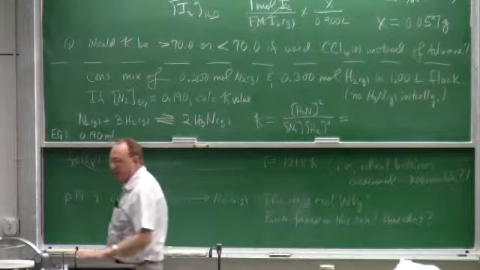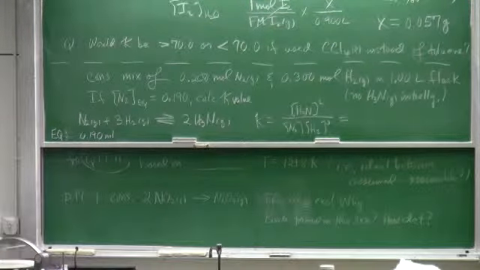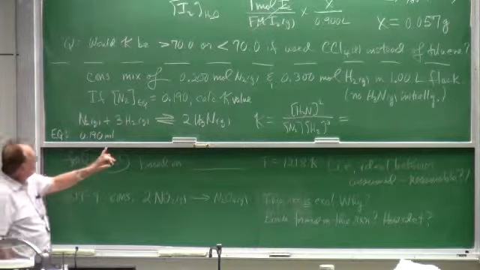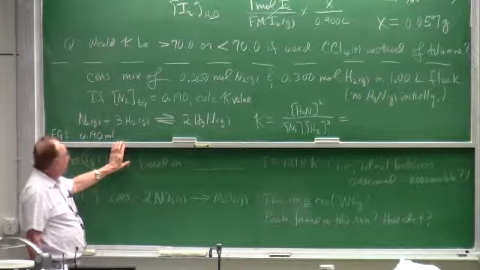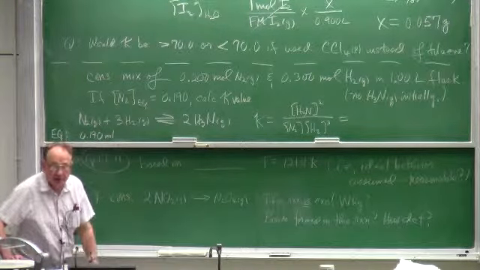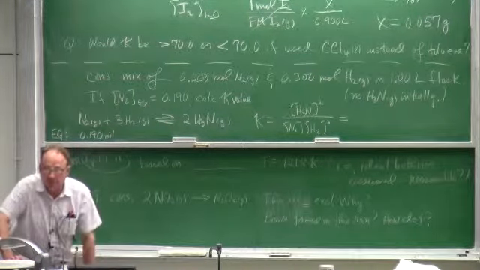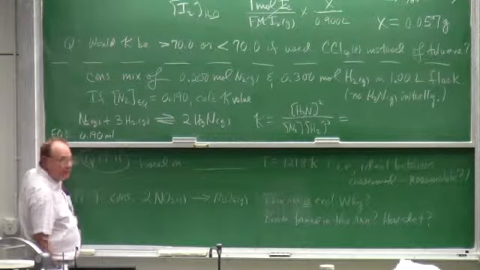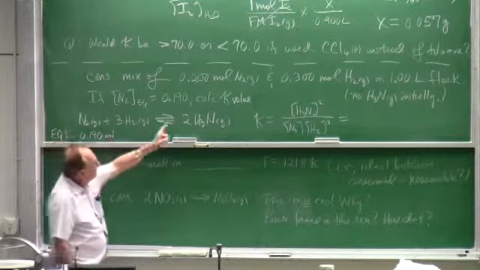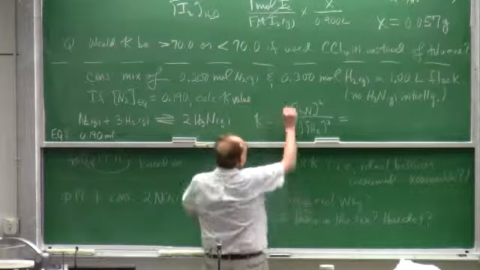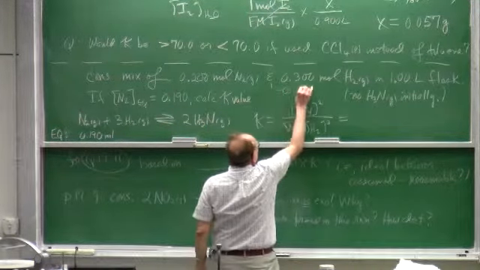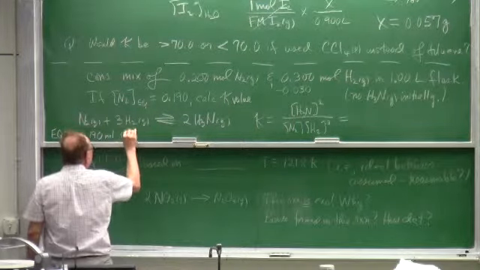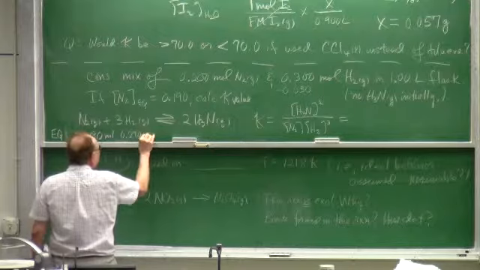All right, back to the recognition that 0.010 moles of nitrogen was used to get us to equilibrium. So how much hydrogen had to be used? 0.030. So how much hydrogen will be present at equilibrium? This less 0.030, which if I've done my arithmetic correctly gives me 0.270 moles.